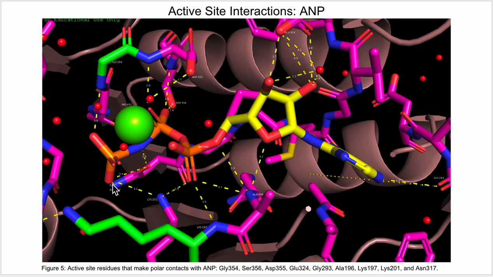Furthermore, we can see water-mediated contacts occurring through glutamic acid 324 and the hydroxyl groups of the ribose sugar in ANP, seen here.